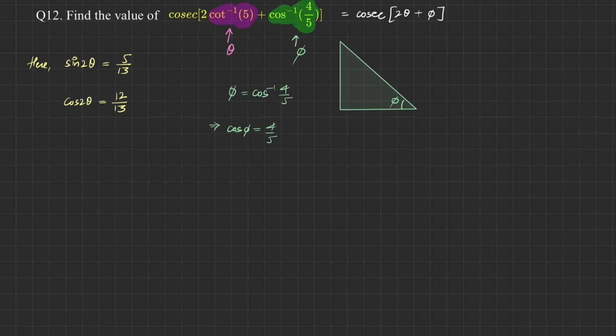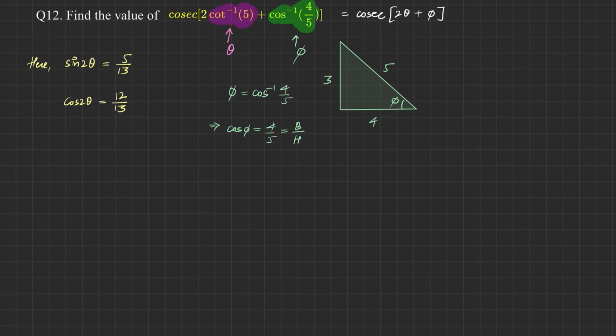Looking at this relation, we can write the value of base and hypotenuse. The base will be 4 here and hypotenuse will be 5 here. By using Pythagoras theorem, we can calculate the value of perpendicular, so it will come 3. I am not doing that here, so you just try to find the value by yourself. The perpendicular will be 3.